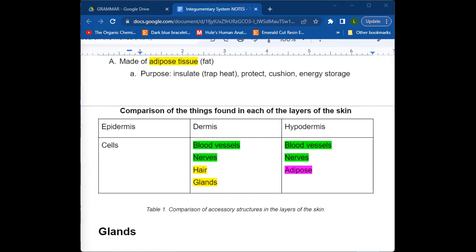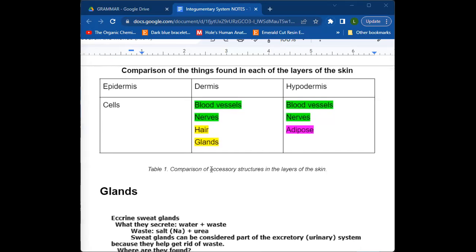Now, the hypodermis is going to have blood vessels, nerves, and adipose.